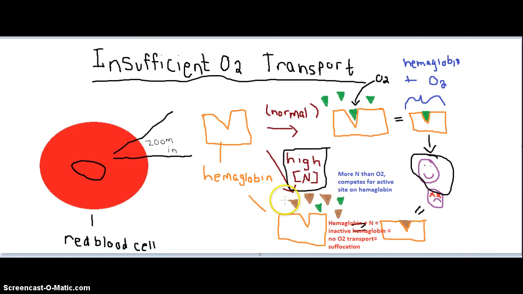Since this substrate is the same general shape as the oxygen, it is also able to bind to the hemoglobin, but this binding inhibits any oxygen transport, causing the person to suffocate. If we increase the nitrogen concentration even higher, you're going to get even less oxygen transport. So again, the dosage determines how badly this affects the person.